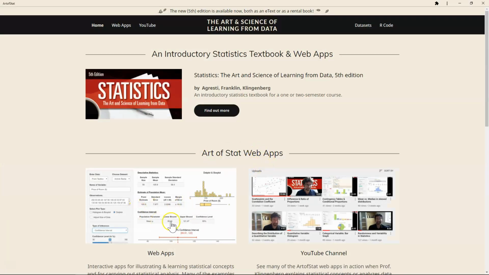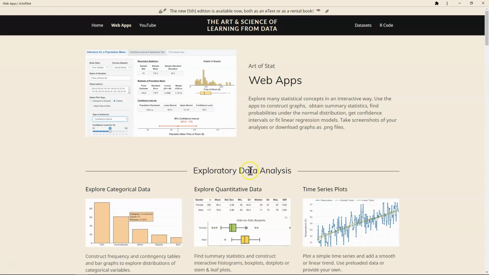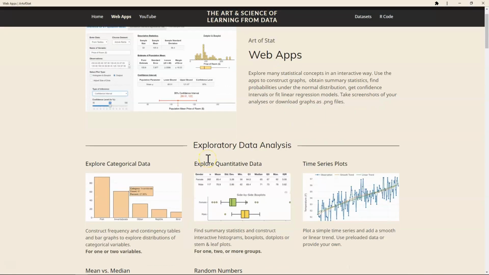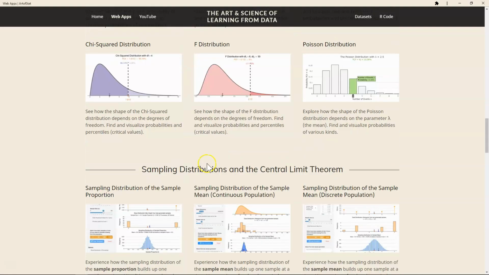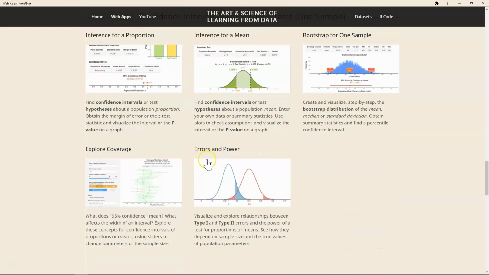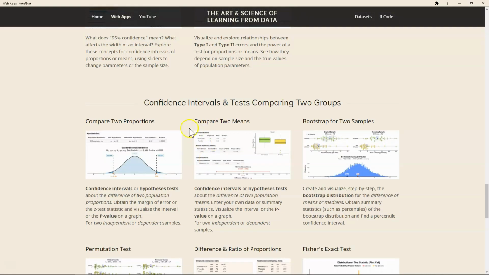and we can go to our web apps. And what is it that we're trying to do is we're trying to compare two means. So what we're going to scroll down to is the confidence intervals and tests where we're comparing two groups. And here it is. We're trying to find an option to compare two means.